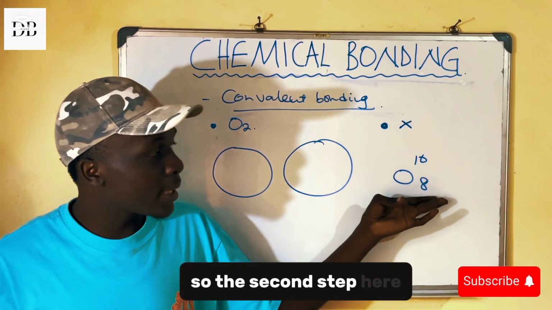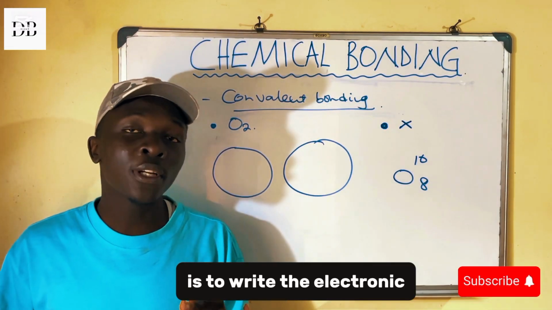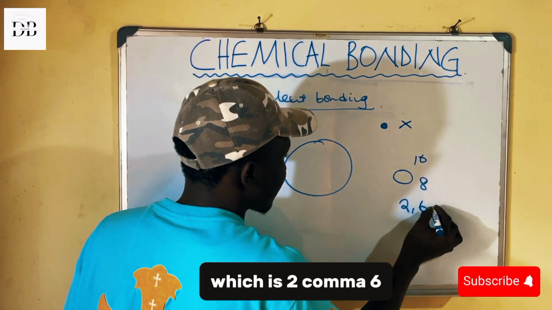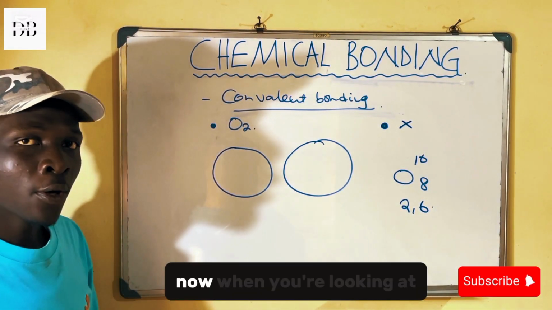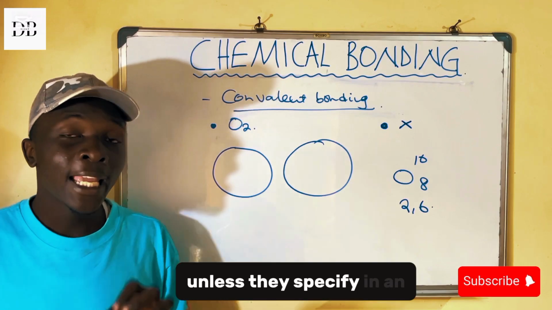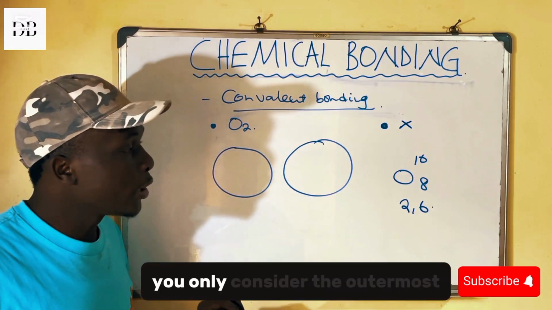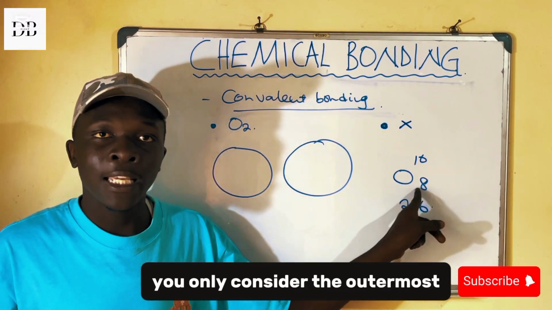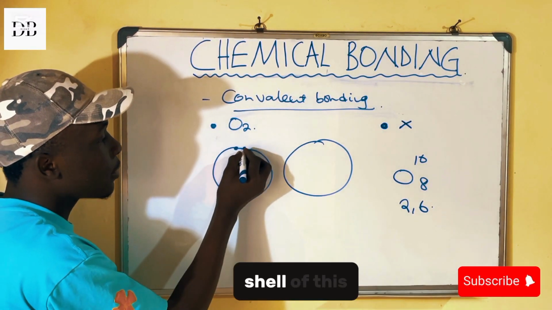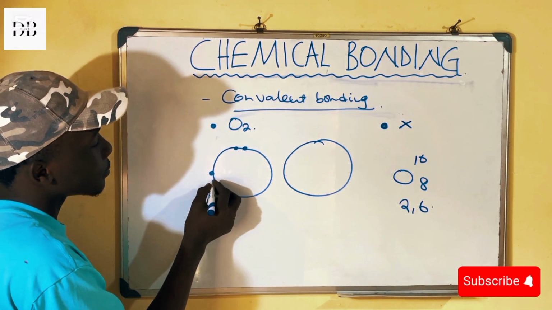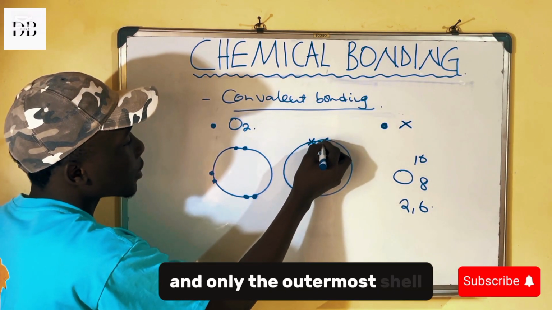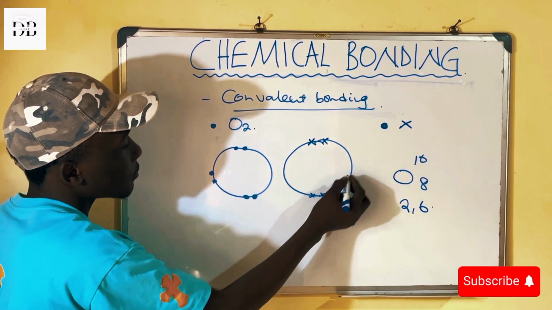So the second step here is to write the electronic configuration, which is 2,6. Now, when you are looking at chemical bonding, unless they specify in an exam, you will only consider the outermost shell. So we'll write only the outermost shell of that.